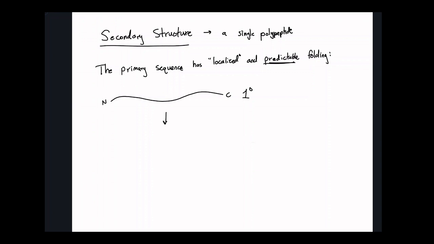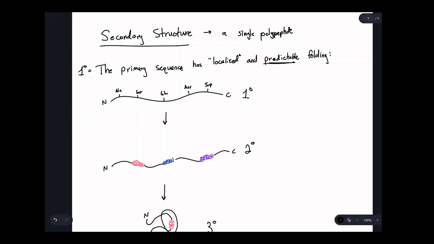So the idea here is to first discuss the primary sequence, which is just the sequence of amino acids in the protein. So for example, alanine, serine, glutamate, aspartate, tryptophan, picking random amino acids. The point is that primary sequence is the instructions. What happens next is the beginning of folding and secondary structure.